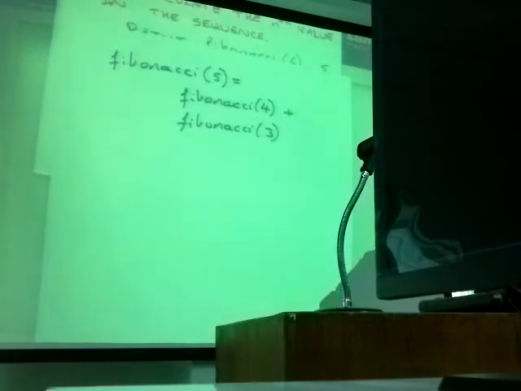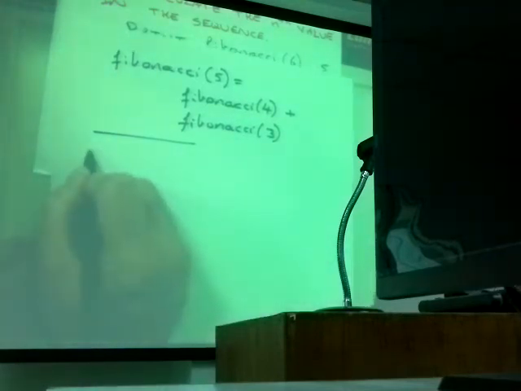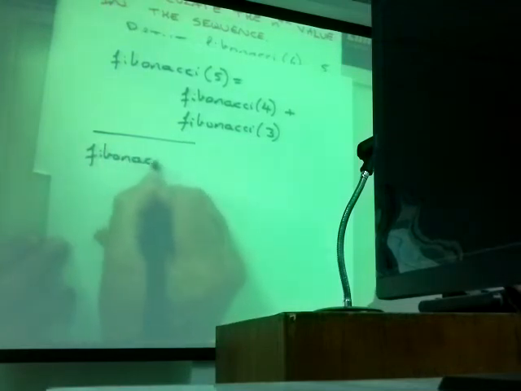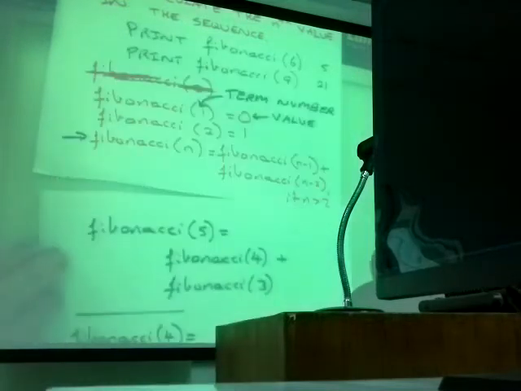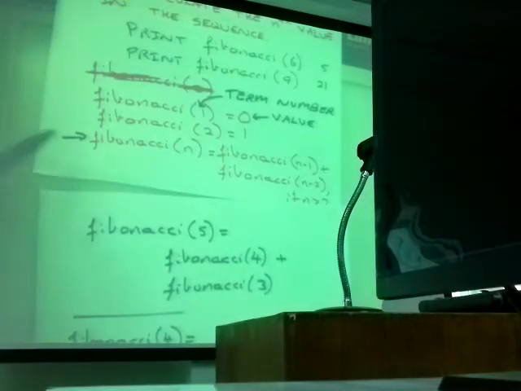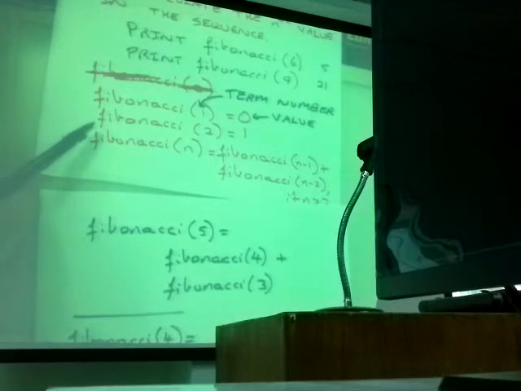So recursion means we solve the problem again. So now we have to find these two terms. So Fibonacci 4, which line of the definition applies? Is it this one? No. Is it this one?